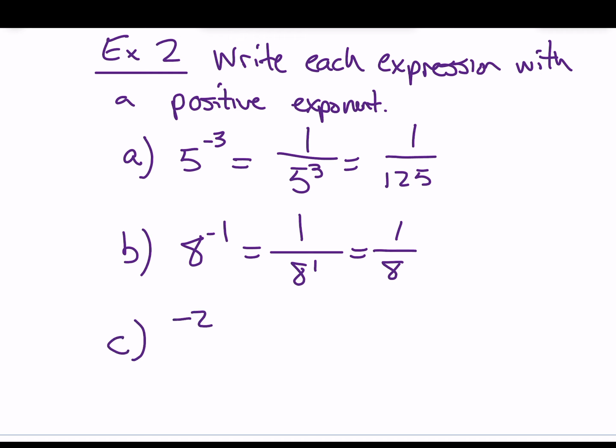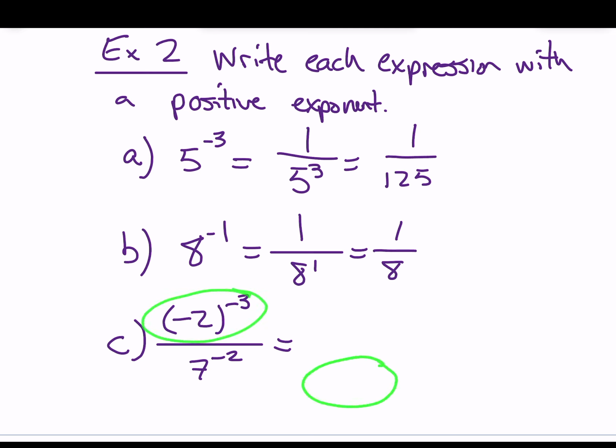This time we have negative 2 raised to the negative third power over 7 to the negative 2. What we can do is move the numerator part to the denominator and make it positive, and move the denominator part to the numerator and make it positive.